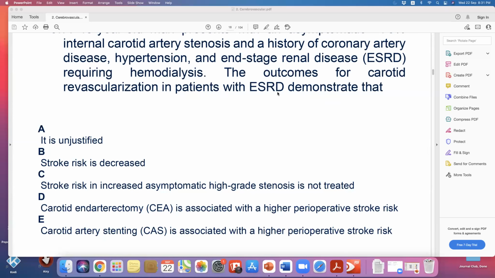No, it's wrong. Stroke risk is decreased. I don't think so. Increase. Yeah, stroke risk is increased in asymptomatic high-grade stenosis if not treated.